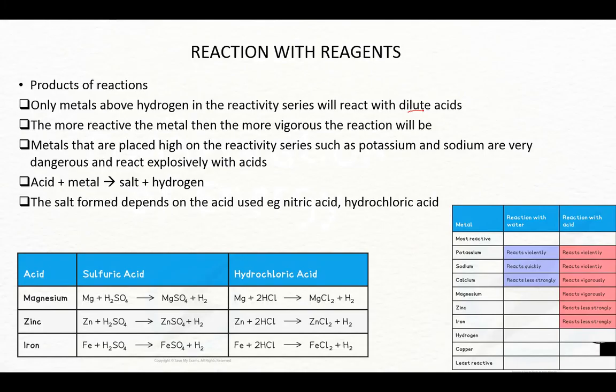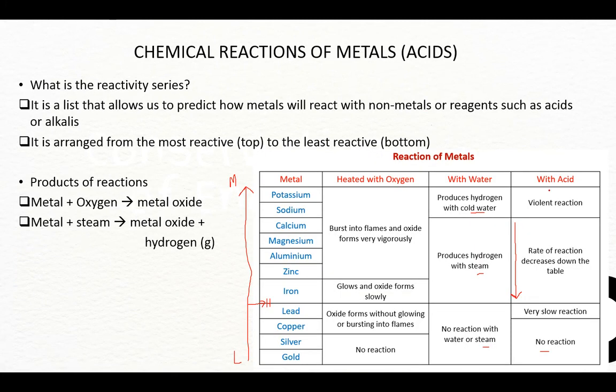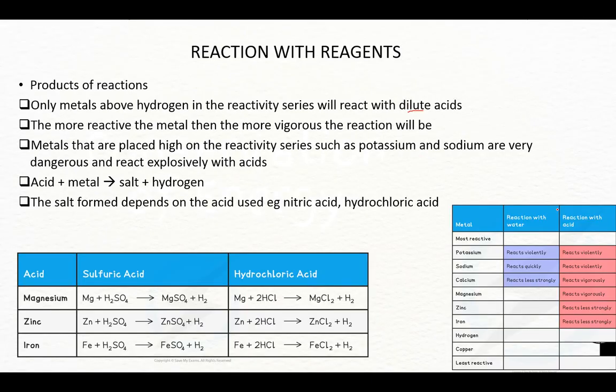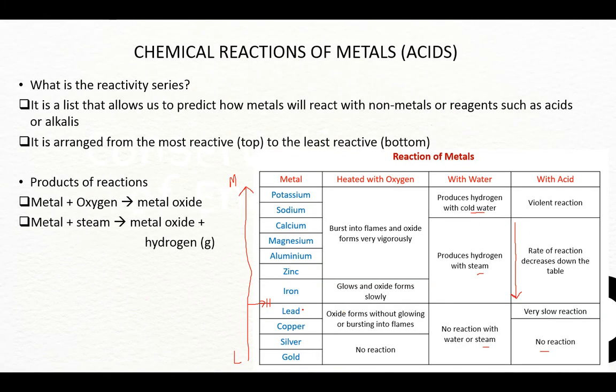And the metals that are placed high on the reactivity series, such as the first two, potassium and sodium, are very dangerous and react explosively with acids. As we saw in the table here, they react very violently with acids. So remember that first line, that it's dilute acid that those above the hydrogen will react with.